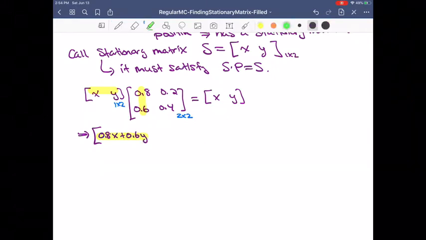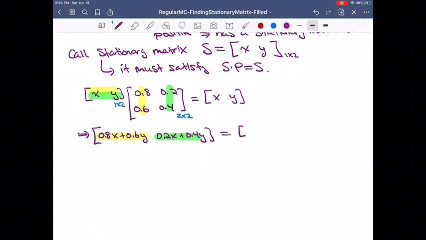Then when I do this row times the other column, I get this entry, which is 0.2x plus 0.4y. And that should be equal to X, Y. So if these matrices are equal, then y has to be equal to this green entry, and x has to be equal to this yellow entry.